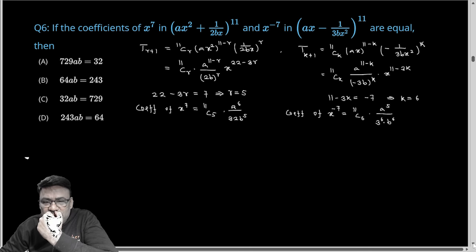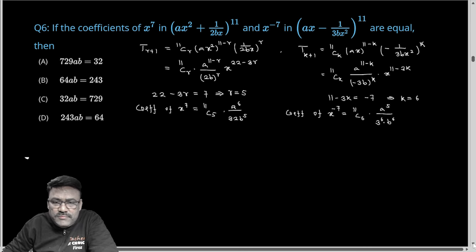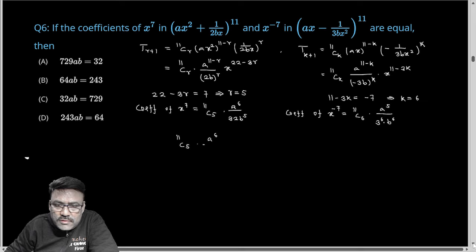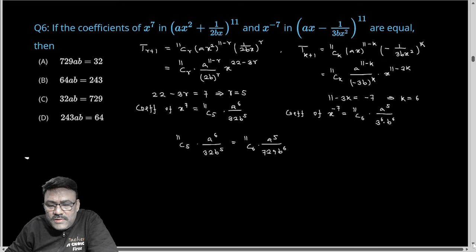Now they have given that these two coefficients are same. Means 11C5 a raised to 6 over 32 b raised to 5 is same as 11C6 a raised to 5 over 729 b to the 6. Now 11C5 and 11C6 both are same thing. So they cancel.